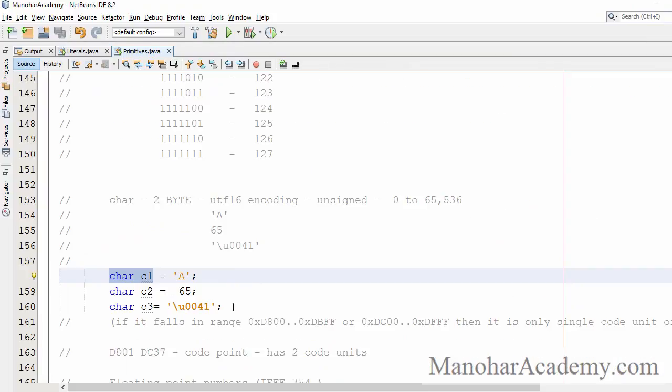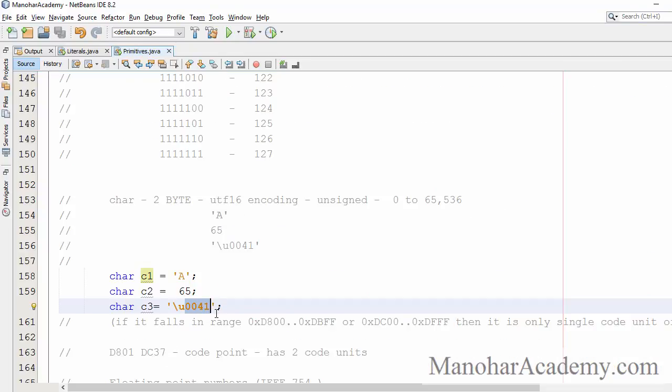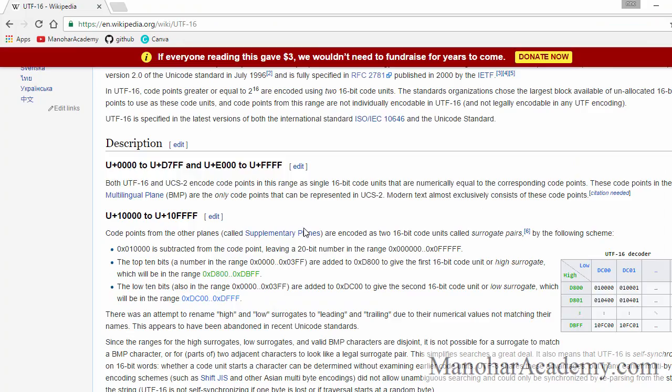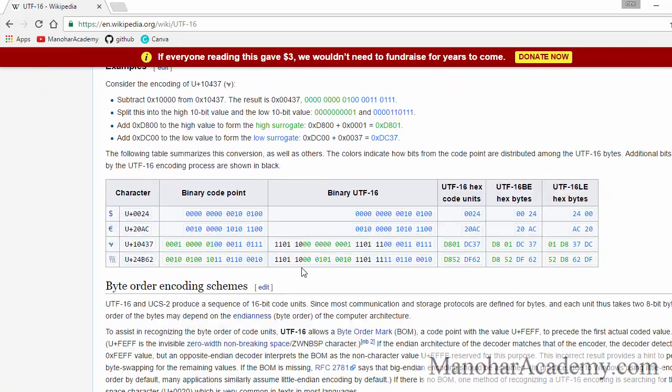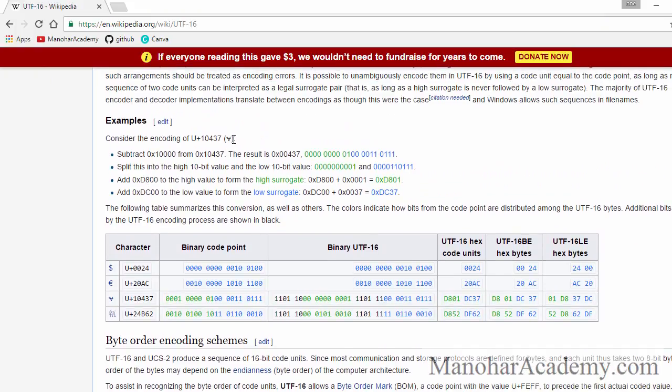Because its value is 0064. So from 0000 to FFFF, whatever can be represented can be saved in a single character. But if we come down, see, this is, I don't know whether it is Chinese, I really don't have any idea, but it cannot be represented in FFFF.